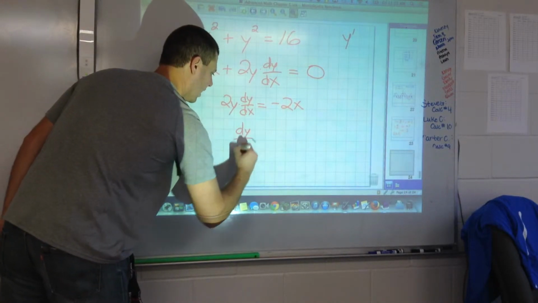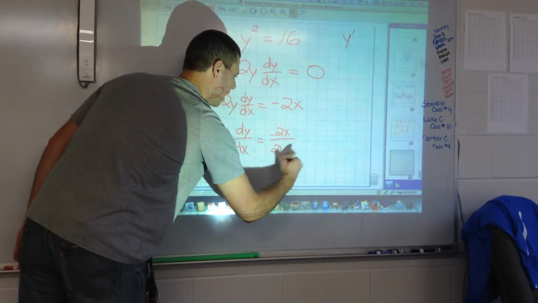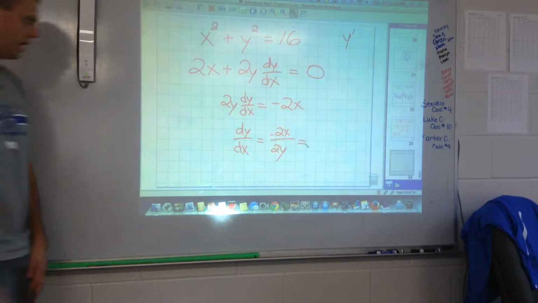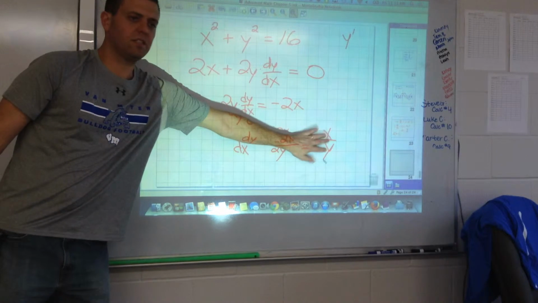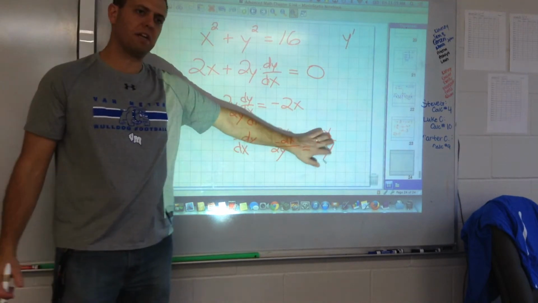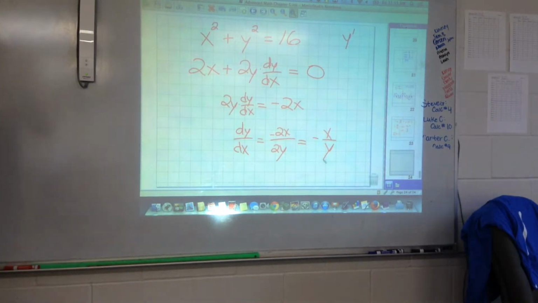So dy dx equals negative 2x divided by 2y, which would simplify to negative x over y. So this is the derivative of y with respect to x. This will give us the instantaneous rate of change of any coordinate along the outside of that circle.